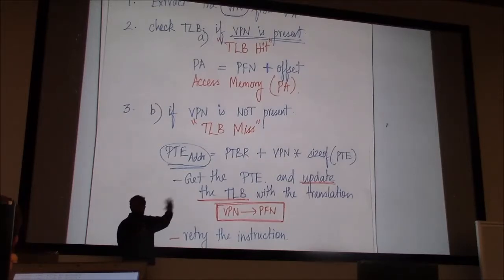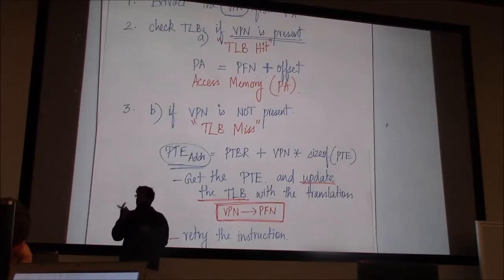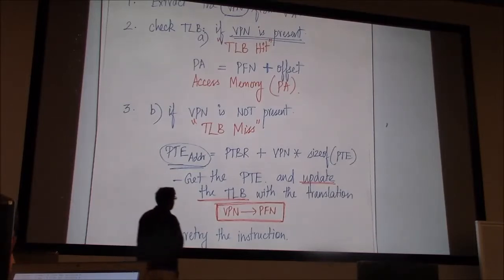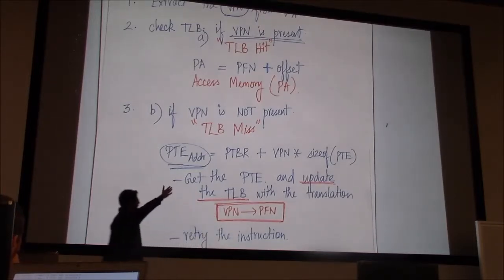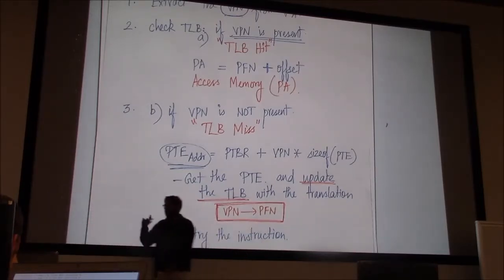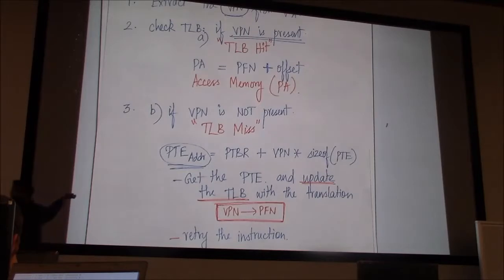Mostly, previously it was just done by the hardware, but later the page tables got more and more complex. When the page tables got more complex, the hardware needs to know a lot of information about the page table to, let's say, extract the PFN from the page table.